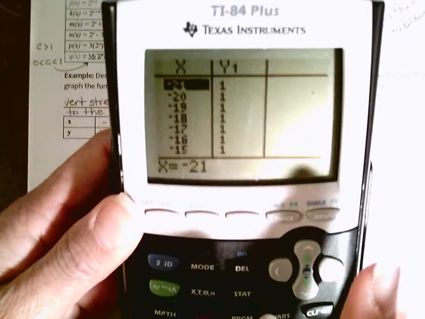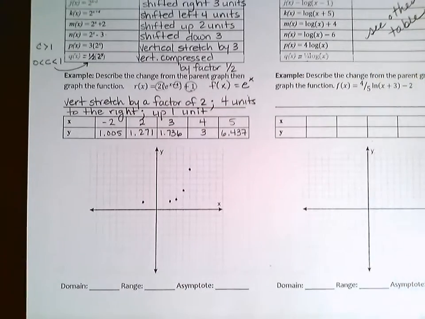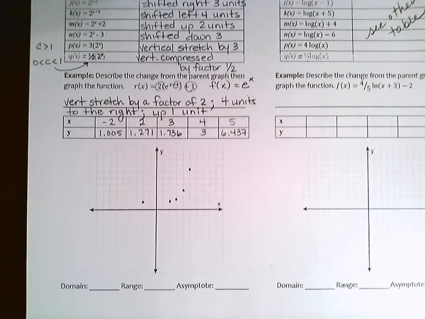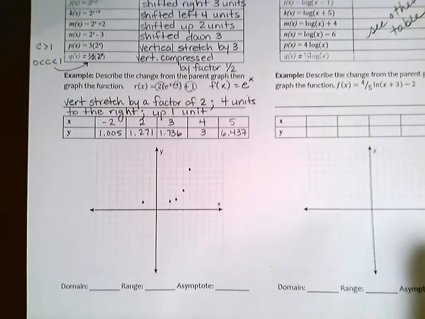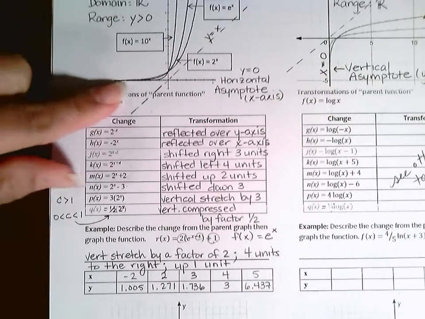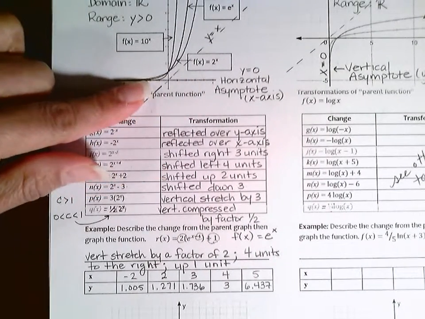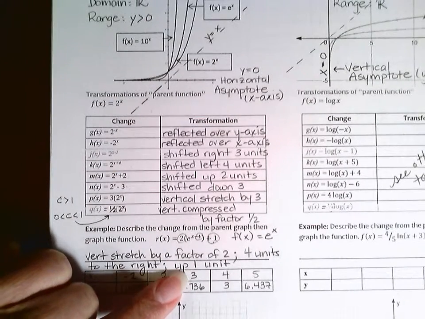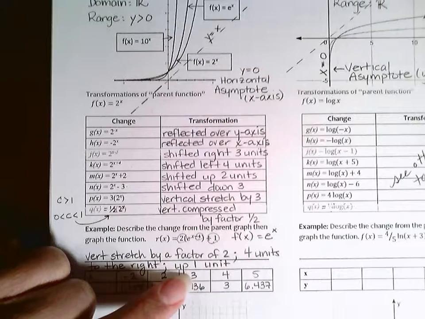And the reason why, hopefully you're recognizing it, is that we have to deal with horizontal asymptotes when it comes to our exponential graphs. Recall here that our graph was at y equals 0, and the whole graph went up 1 unit. Remember what I said down here?